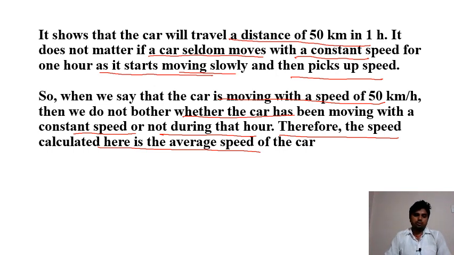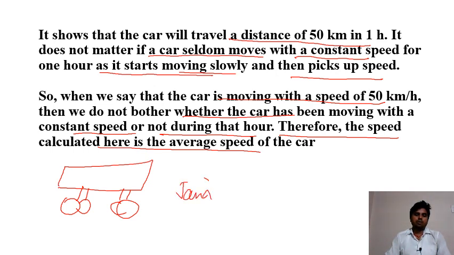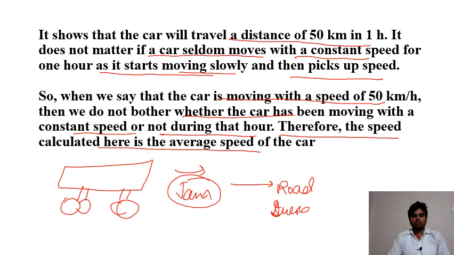So dear students, see, when we start our car or any vehicle, we all know that there will be some jam in the marketplace. Okay, so there the car will be slowed down, then again there will be no jam, the road will be free, and then we can increase the speed. So from this we can say that a car or any vehicle cannot move with a constant speed in daily routine.